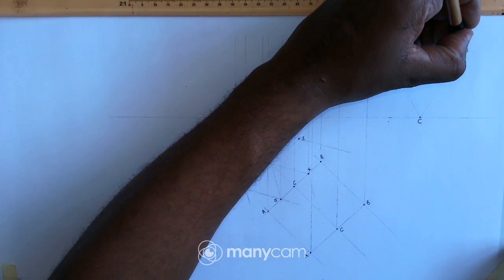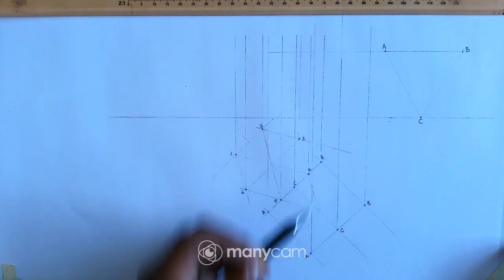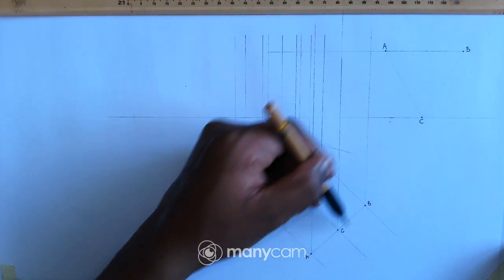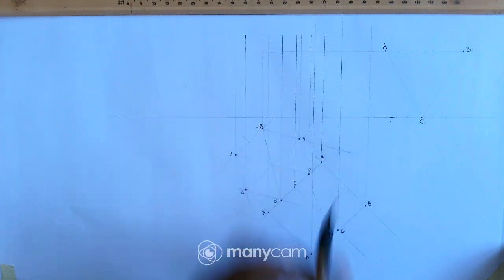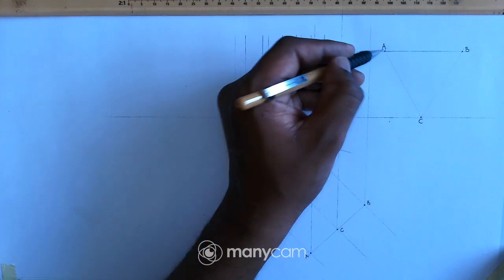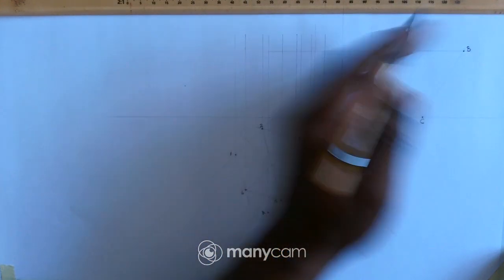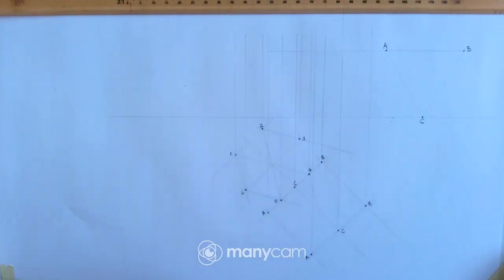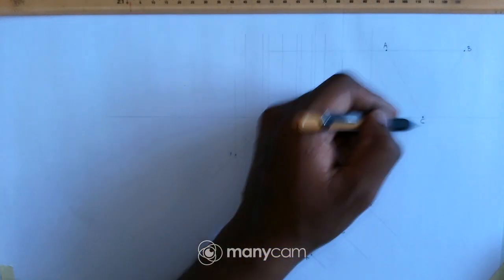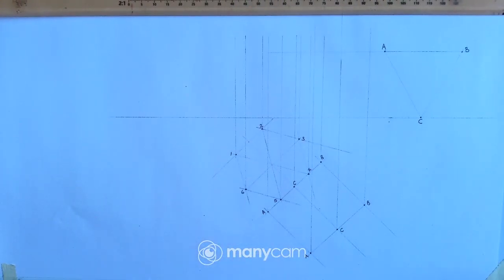Obviously I used my top view to label these points. We are looking from this side. So for the triangle, the surface here, I'll see this point on my left hand side. So A will be on my far left, and on my right hand side I'll have B, and at the bottom I'll have point C, right?